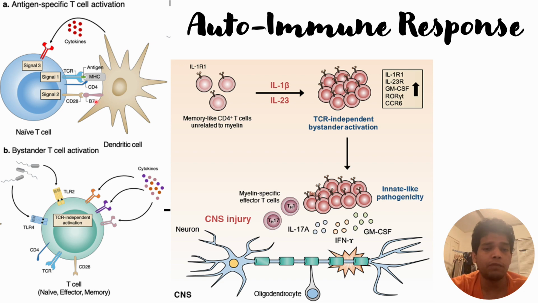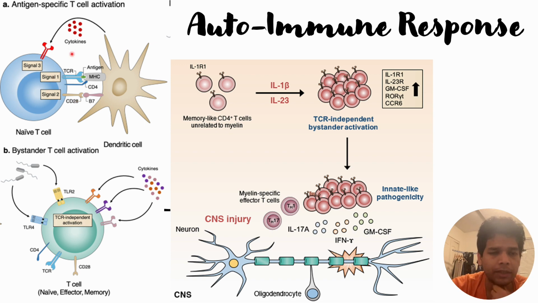This provides the information about the present scenario within the host, whether there are more or fewer foreign antigen specific cells present. Based on that, these naive T cells will get activated or remain in their own stage.